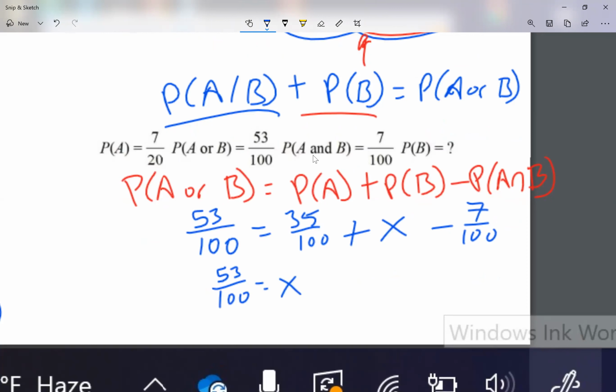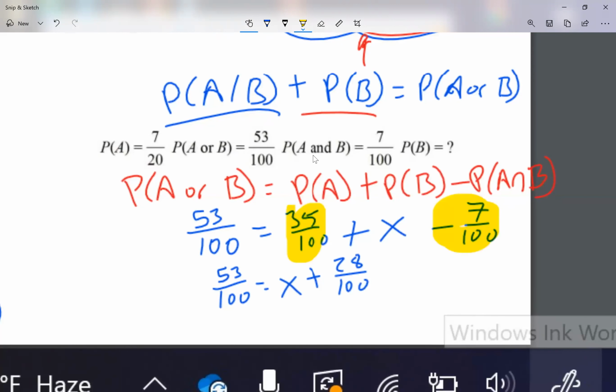It's equal to x plus, okay, what's 35 minus 7? That's 28, right? So 28 over 100. You're like, where do you get that? 35 over 100 minus 7 over 100.